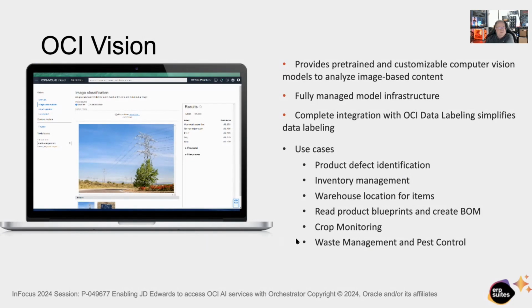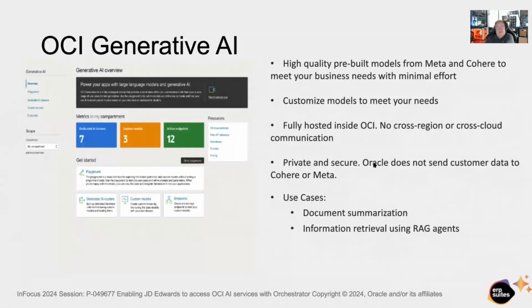So again, OCI vision is just another way of recognizing and identifying video or photographs. And then the generative AI, like I said, we had some separate sessions on this. As I mentioned, Meta and Cohere. Basically, you're using that to talk to it. You grab the pieces out of it.